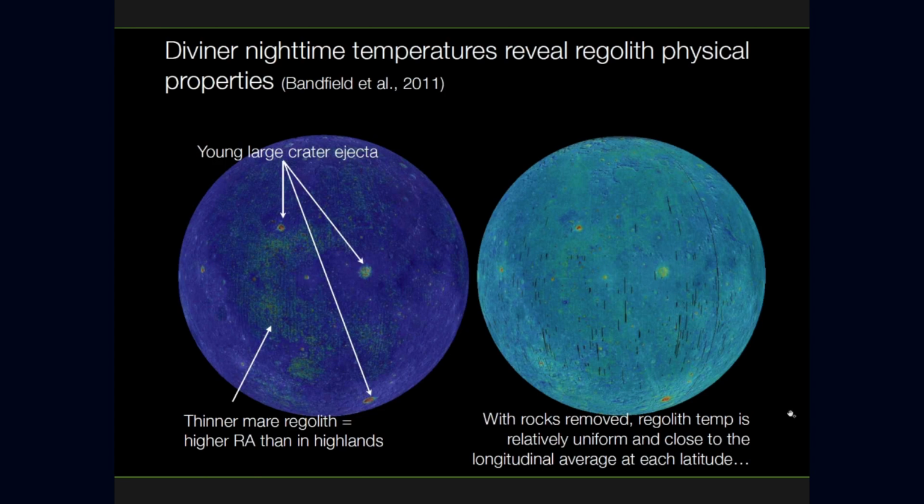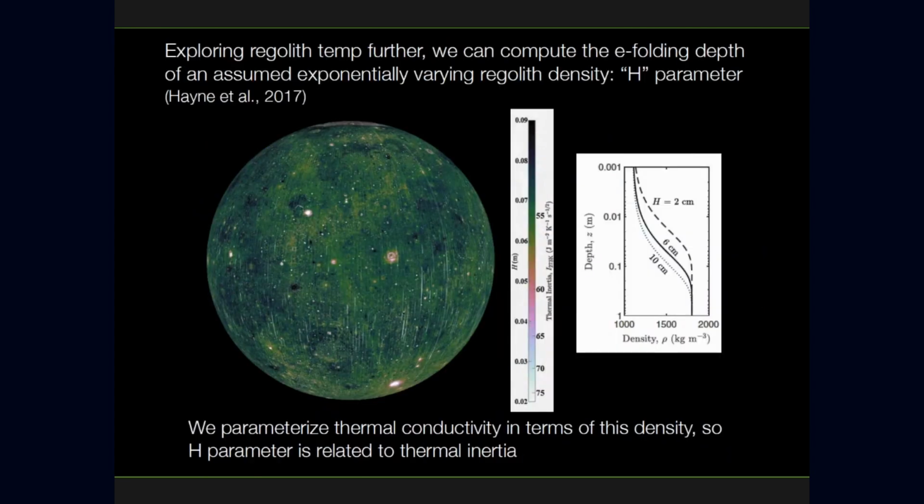So on the next slide, we can see the result of some later work in which that regolith temperature has been further analyzed to produce something that we call the H parameter. On the Diviner team, we have a one-dimensional thermal model that helps us predict both the surface temperatures across the moon, which we can then match to the Diviner observations, and also the temperature profile with depth.